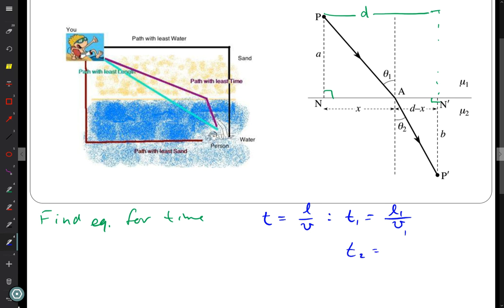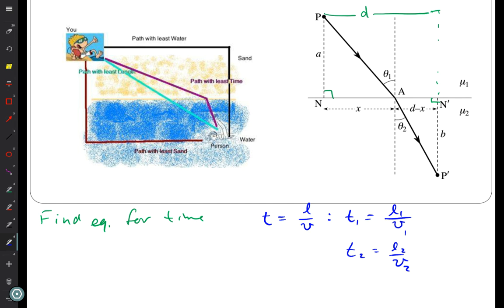And time 2 is equal to L2 over V2. Now I need to find L1 and L2 in terms of the same variable so I can take the derivative to minimize. What's the one variable that I can use to find both L1 and L2? X, right. Why I called it X in the first place.